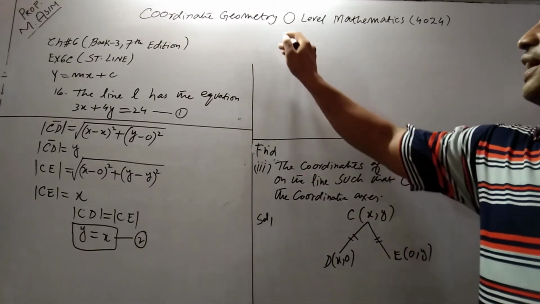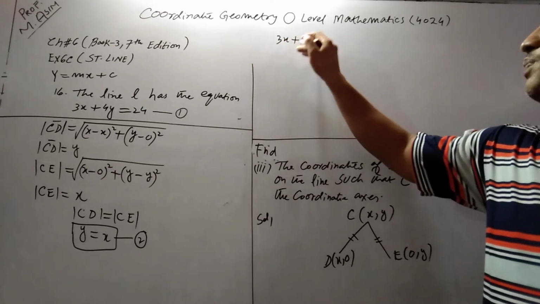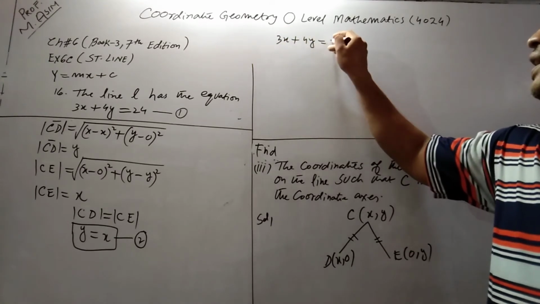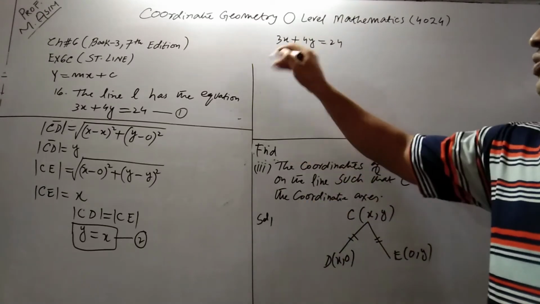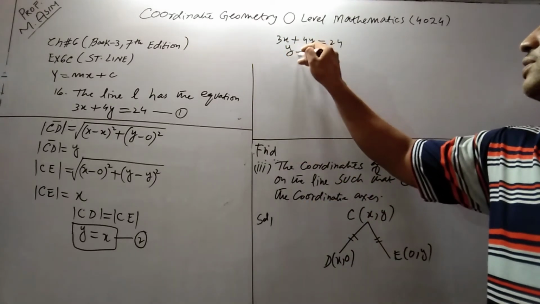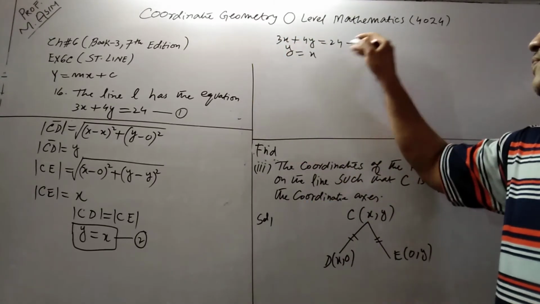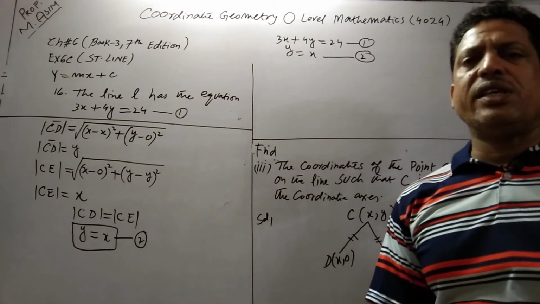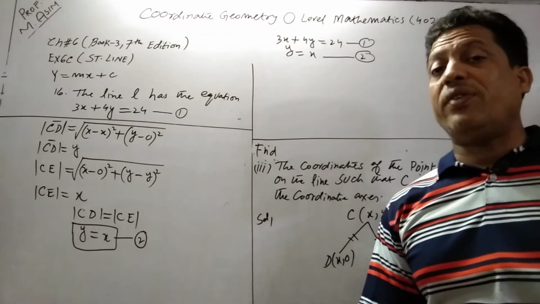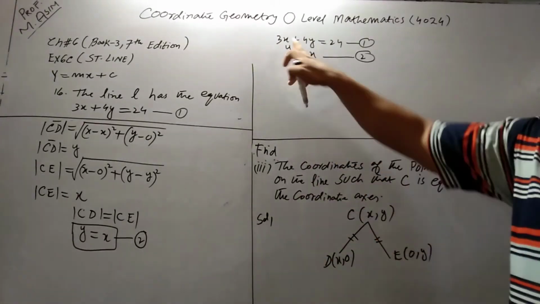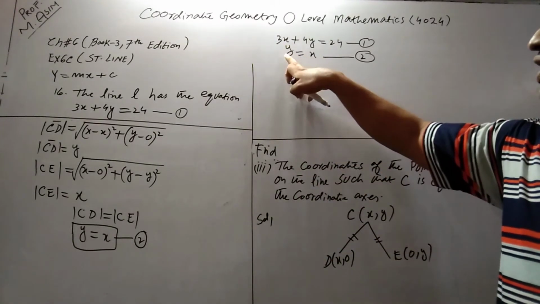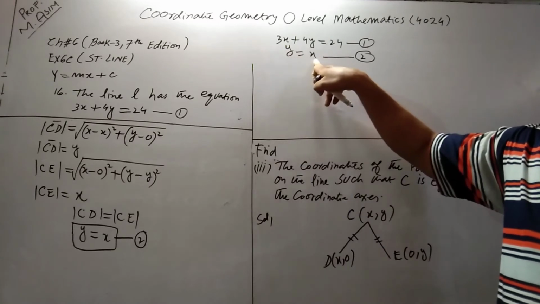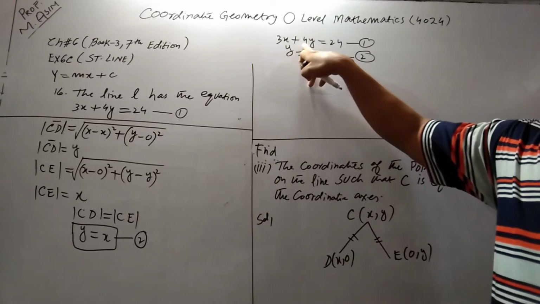So we have to take 3x plus 4y is equal to 24, and the second equation is y is equal to x. This is equation number 1, this is equation number 2. If we solve these equations by the method of substitution, we put x where we see y in equation number 1.